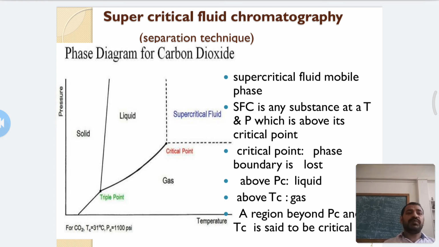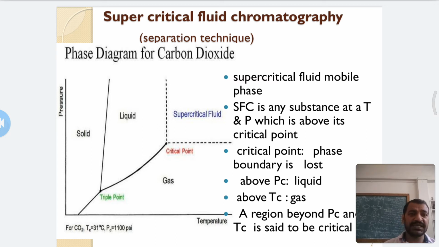A supercritical fluid is any substance at a temperature and pressure above its critical point. At this point the solvent cannot be in liquid form or gas form. This particular point is the supercritical point.